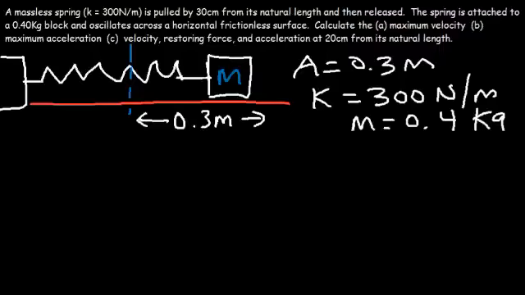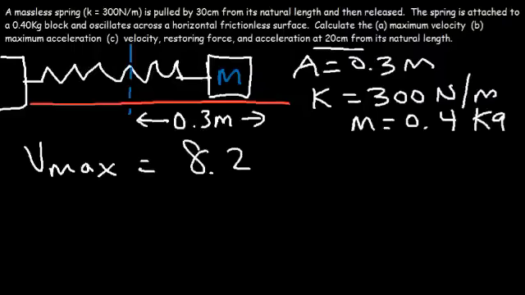Now what about part C? How can we find the velocity at a position of 20 centimeters from its natural length? So keep in mind, the maximum velocity was about 8.216.